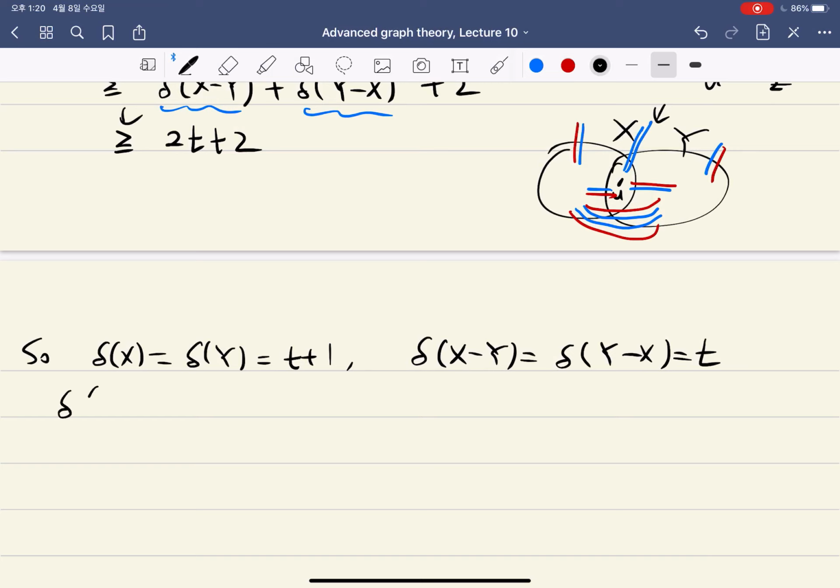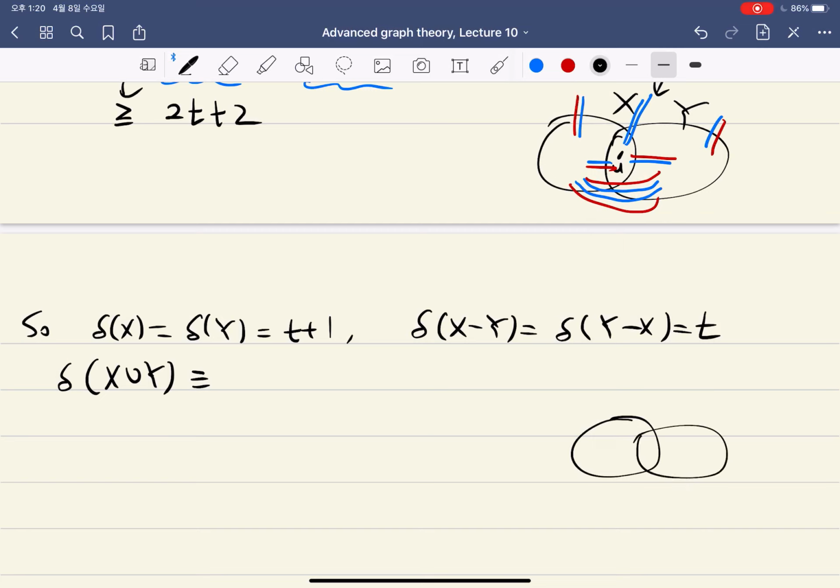Then what do we know? This delta of X union Y is counting these edges, where, say, delta Y plus delta X minus Y. Delta Y counts, so this is Y, this is X, this edge and this edge, and this edge, and delta X minus Y counts this edge and this edge.